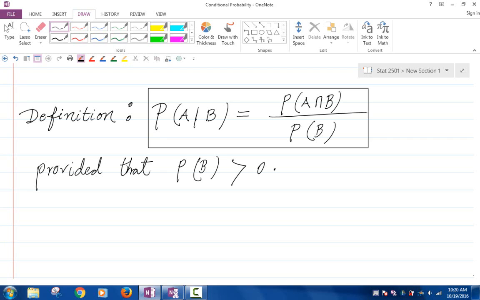However, if you have an infinite sample space, a sample space with infinitely many outcomes, for example, let's say your sample space is the entire real number line. Well, in that case, if the probability of an event is 0, it's not necessary that B is empty. We'll think about that later.